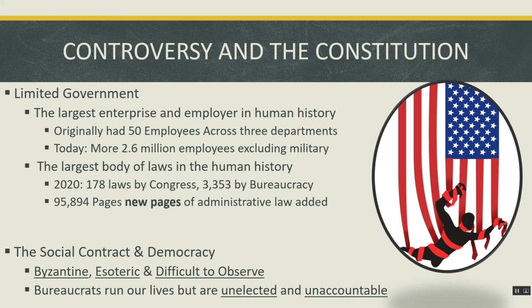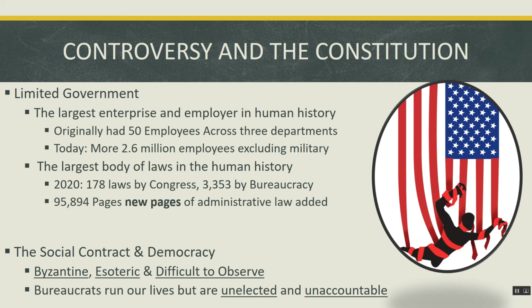But today what we're going to find is that people in the United States live under the largest body of laws in the history of human existence. And very few of those laws are actually going to come from Congress. So, for instance, in 2020, for the 178 new laws created by Congress, the bureaucracy created 3,353 new laws.